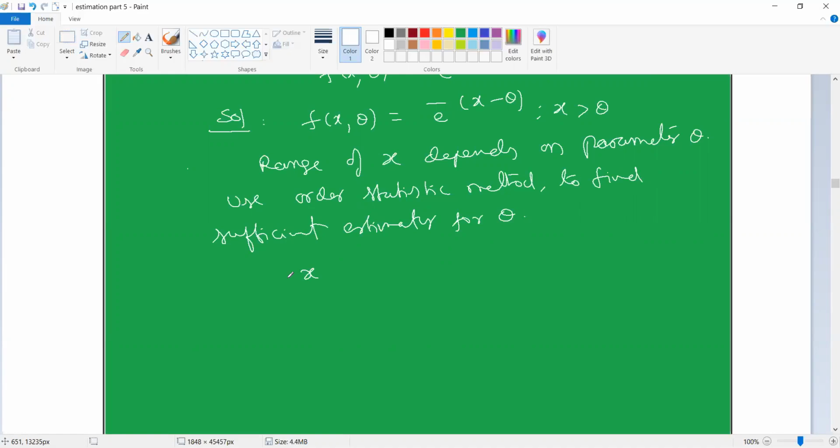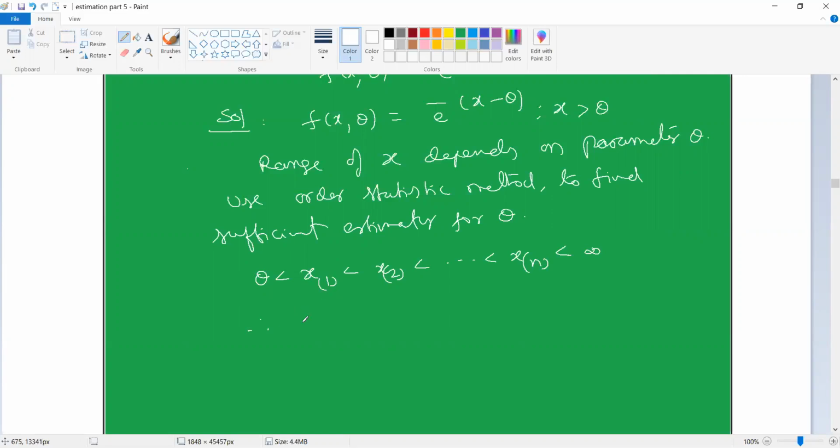So theta is less than x1 order, less than x2 order, and so on, less than xn order, less than infinity. The maximum value of theta is x1 order.